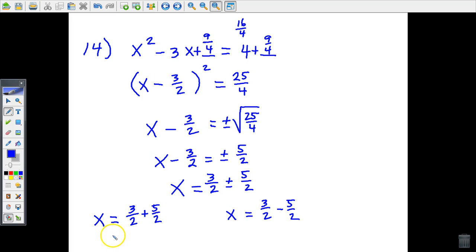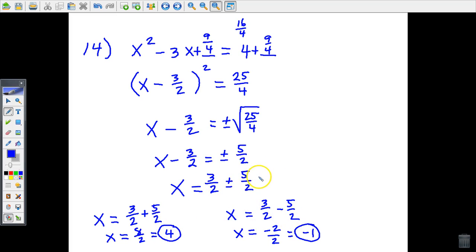All right, so over here, I've got 3/2 plus 5/2 is 8/2, and we can simplify that further because 8 divided by 2 is just 4. All right, over here, 3 minus 5 is negative 2/2, and obviously that simplifies further because negative 2 divided by 2 is negative 1. So those end up being my two real number solutions.